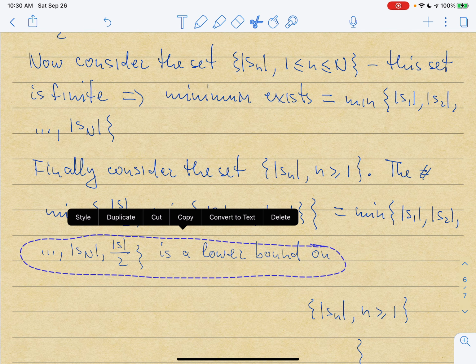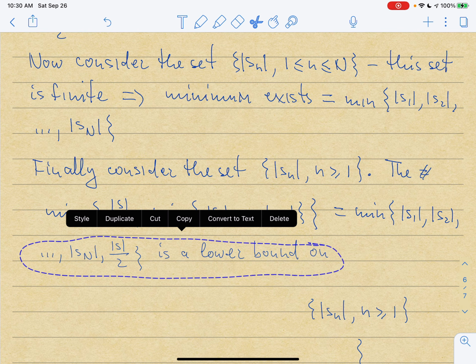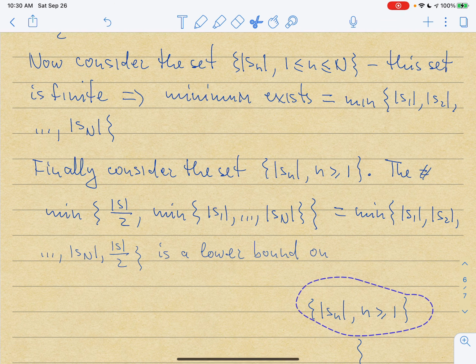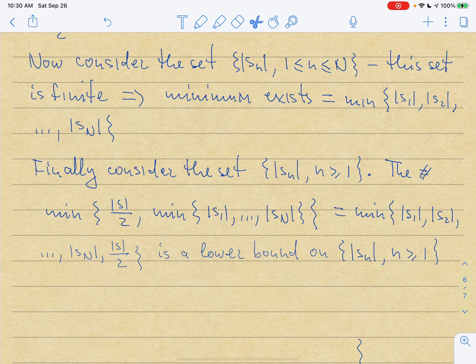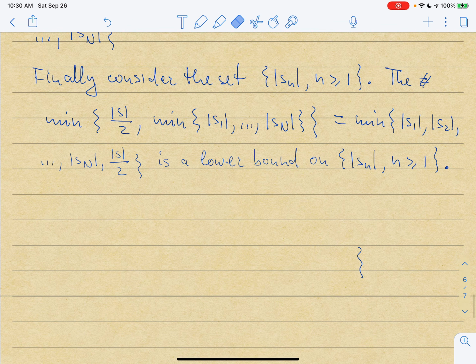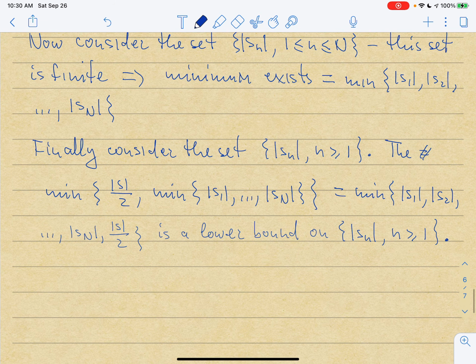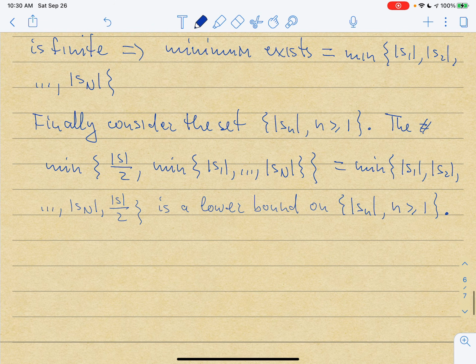And one last thing that I need to know about this number is this. So this set is bounded from below. But also, let's call this number A. If I look at A, so A is a minimum of capital N plus 1 numbers.